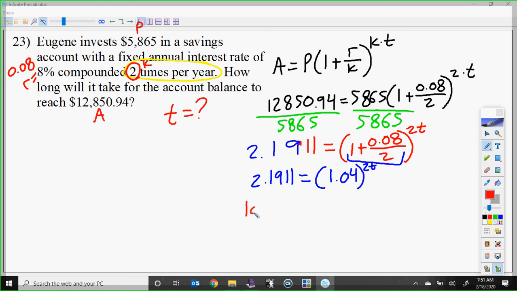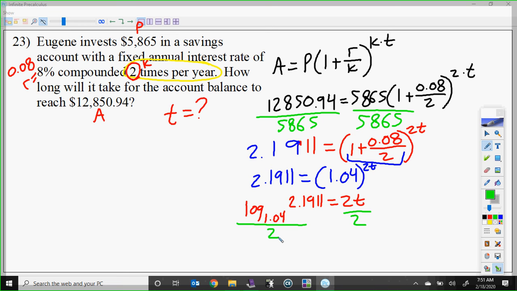So let's do log with a base of 1.04 of 2.1911, and that should equal 2t, and then whatever value I get for that log, we're going to divide by 2, and that should give me t. So let's try that.